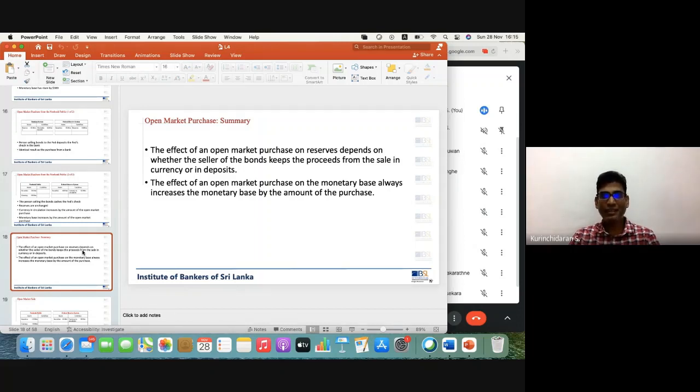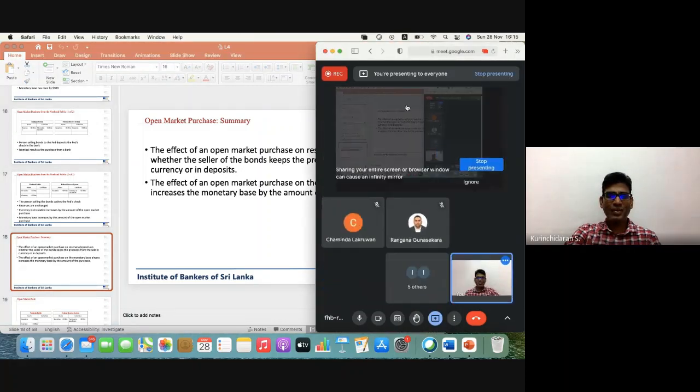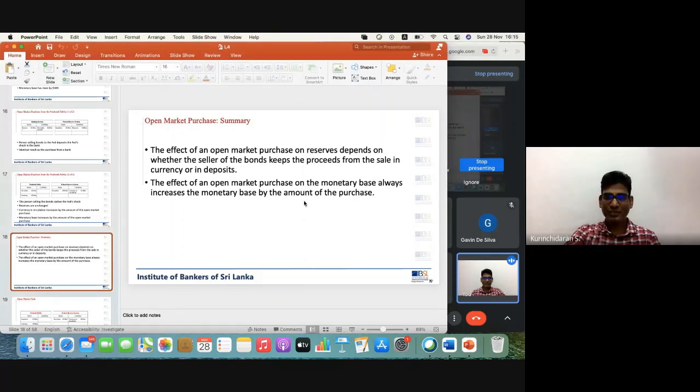But anyway, this open market operation increases the monetary base, right, by the amount of the purchase. So this is the open market purchase. Anybody has any question on this?